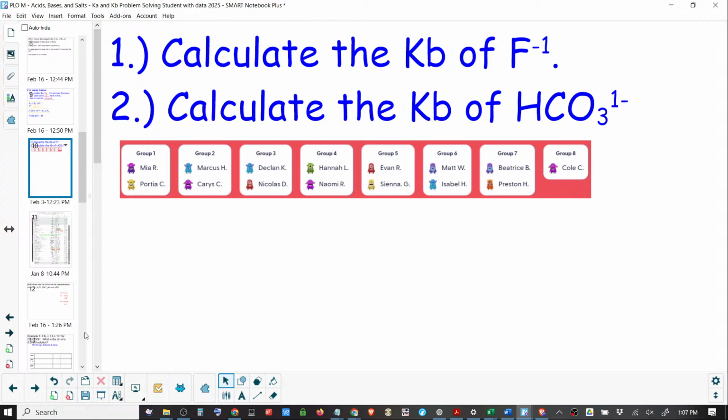Oh, okay. So the second one is not 1.79 times 10 minus.